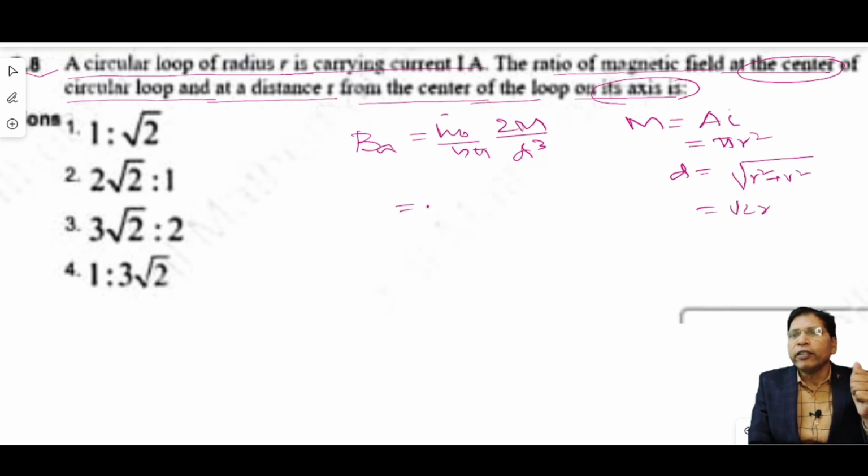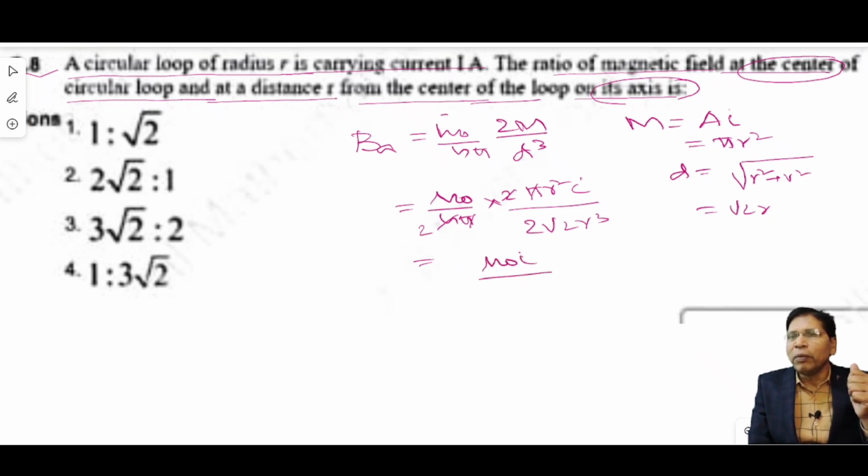Now look at this. This is mu naught by 4 pi into 2 pi r square I divided by d cube, so this is 2 root 2 r cube. So pi cancels out, the 4 and 2 cancel out, so this is mu naught I divided by 2r into 1 by 2 root 2.